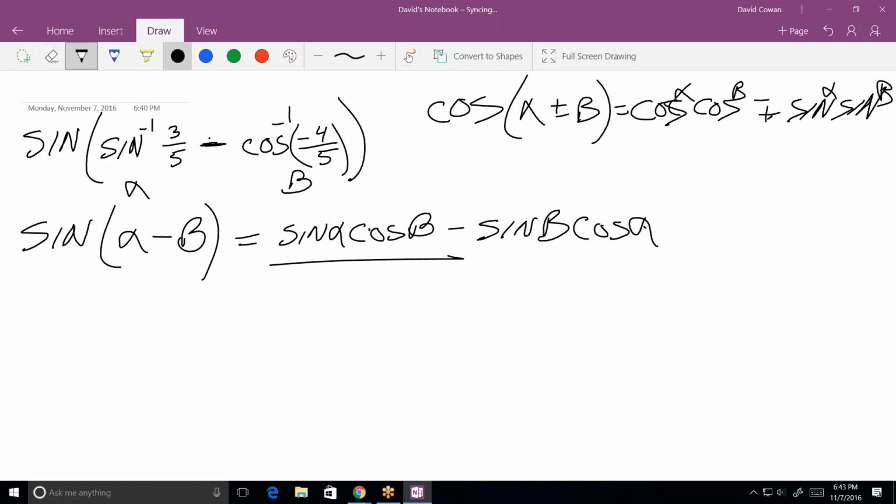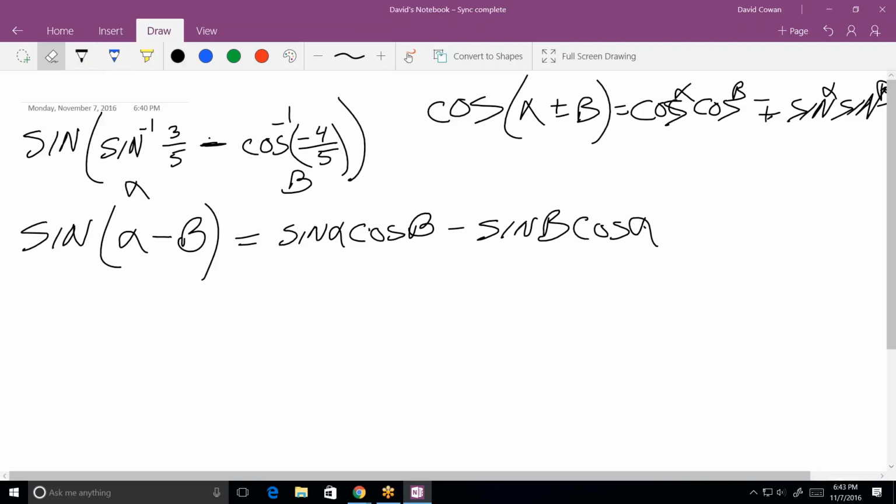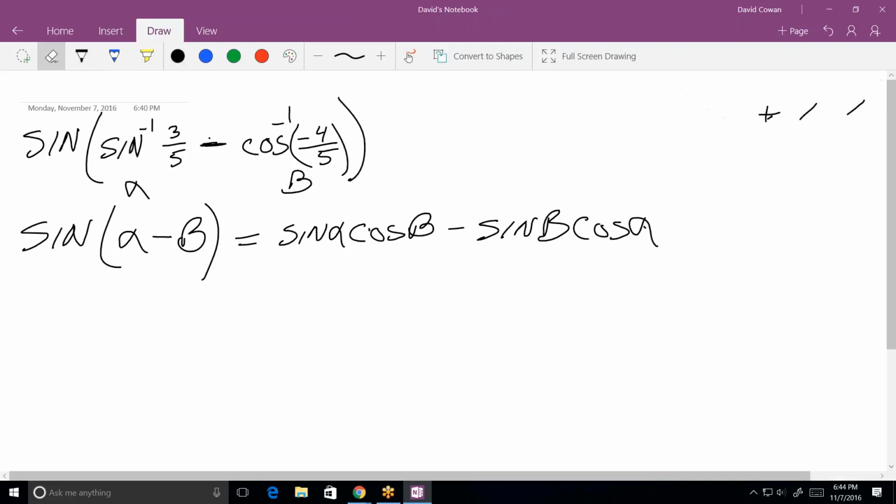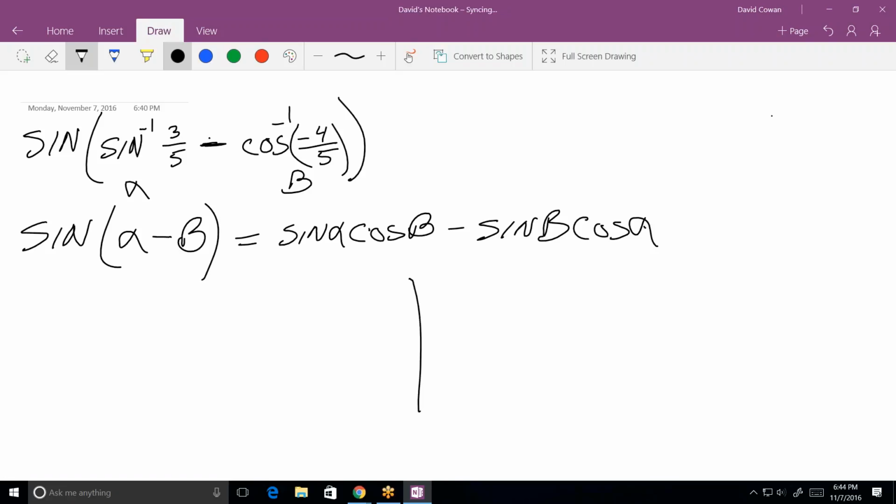Okay. So we know this is true. And now we have to figure out what the sine of alpha is, what the cosine of beta is, and sine of beta and cosine of alpha. Luckily on this one, we only need one triangle. We do? Yeah, because it's a 3, 4, 5 triangle.